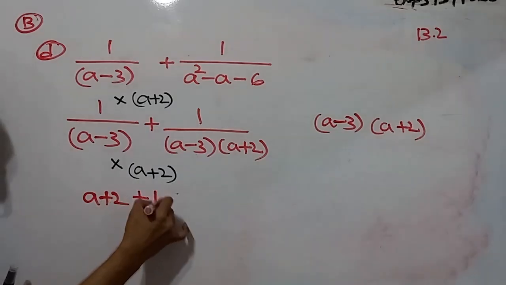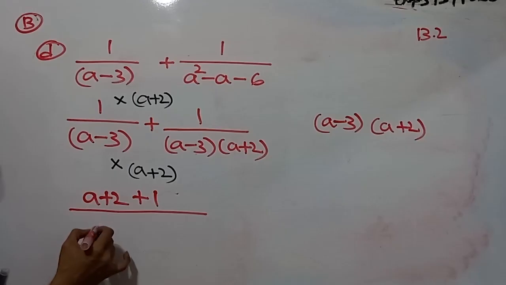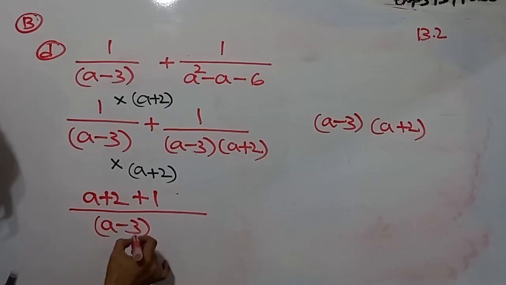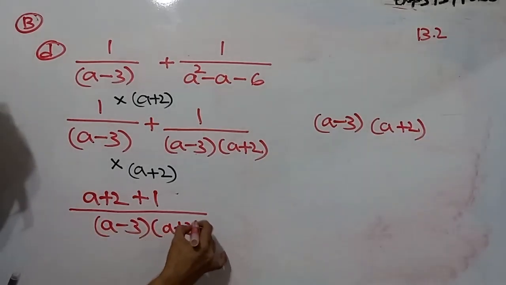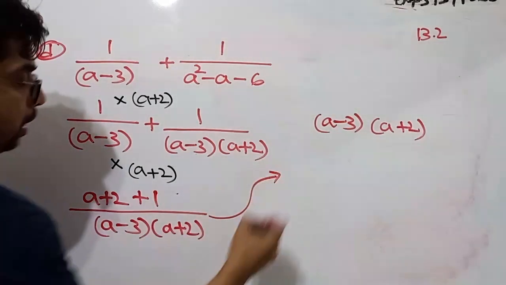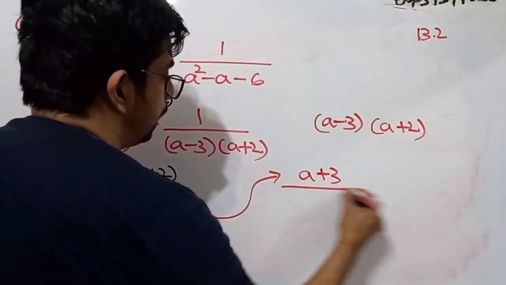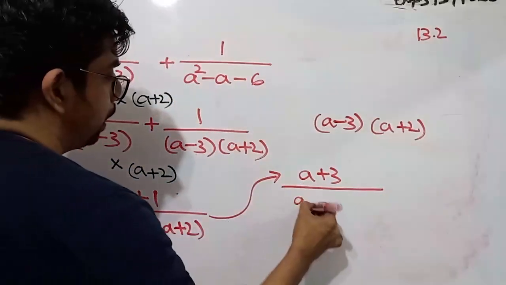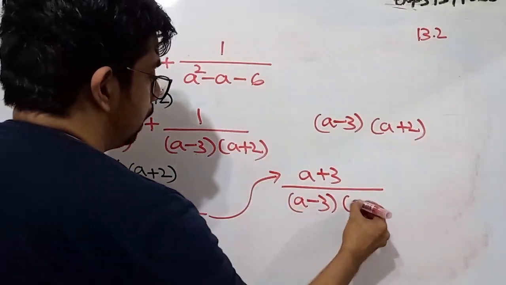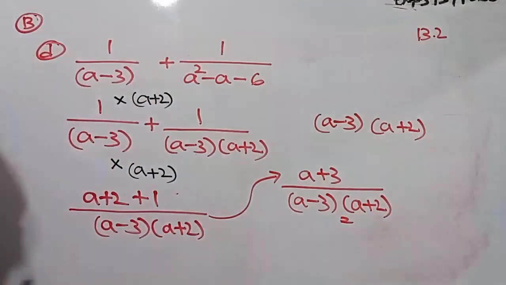Simply we can write plus 1. Then the entire expression needs to be divided by a minus 3 and a plus 2. So I will simplify this expression here. This will be a plus 3, the entire expression divided by a minus 3 and a plus 2. So that will be the answer.